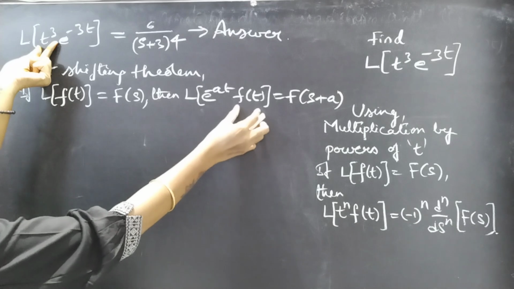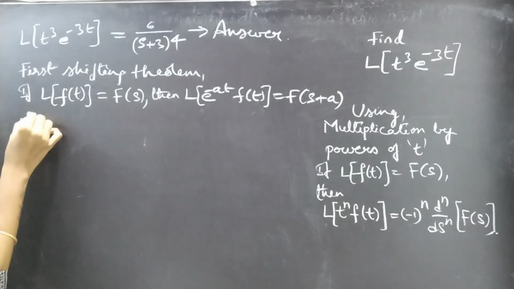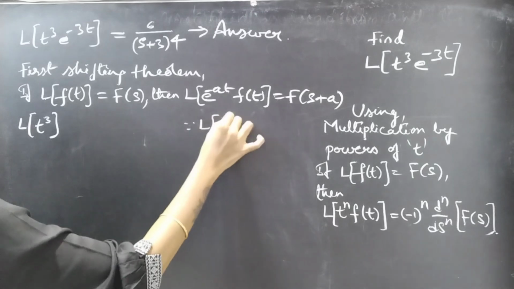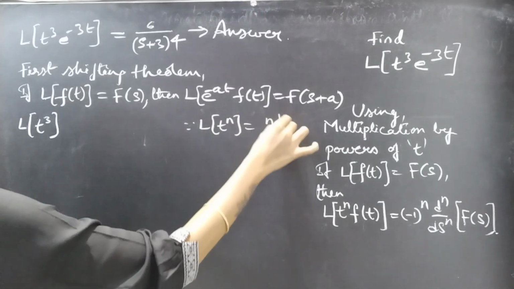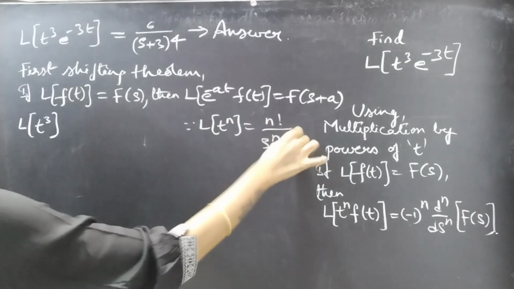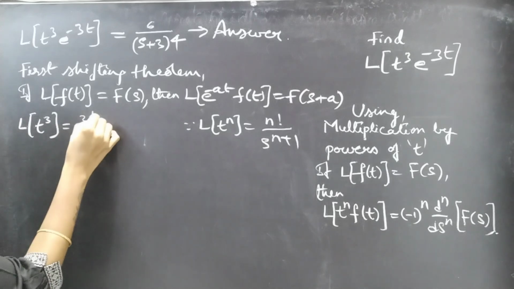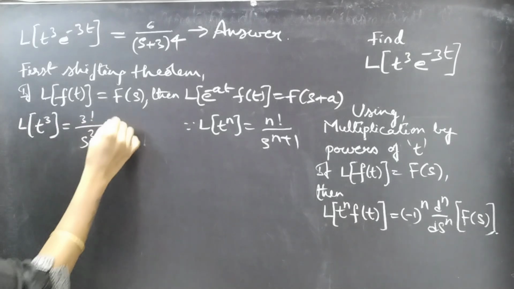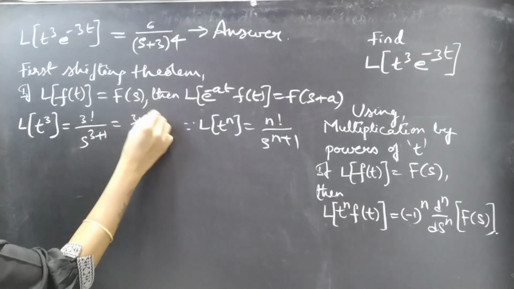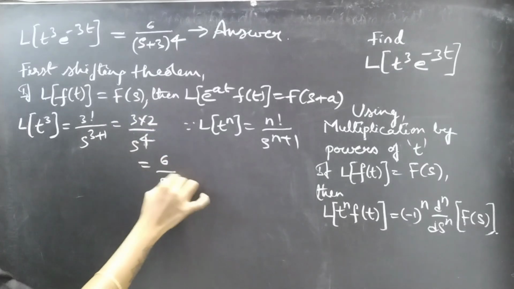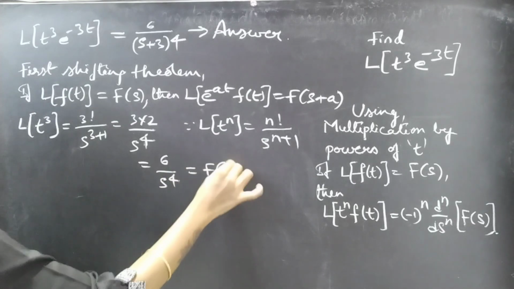Then for f of t equal to t cube, we'll find L of t cube firstly. Since L of t power n equal to n factorial by s power n plus 1, you'll get for n equal to 3, 3 factorial by s power 3 plus 1, which is 3 into 2 by s power 4, which gives us 6 by s power 4, which is our f of s.